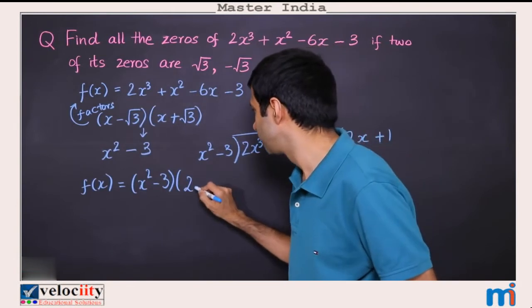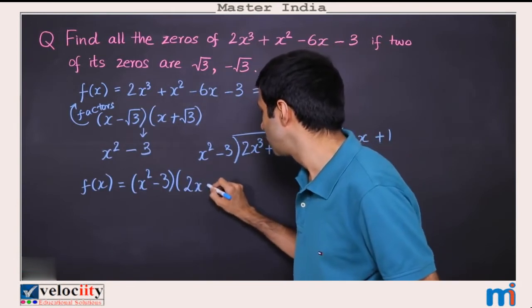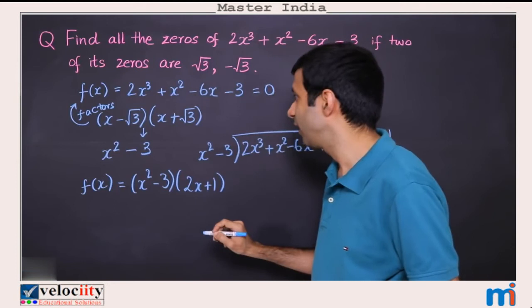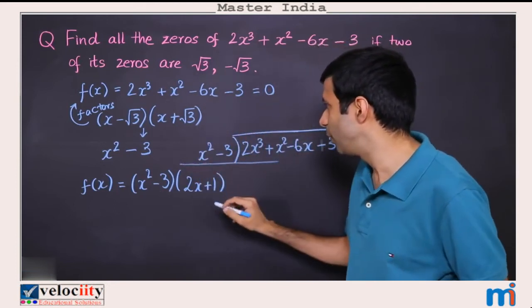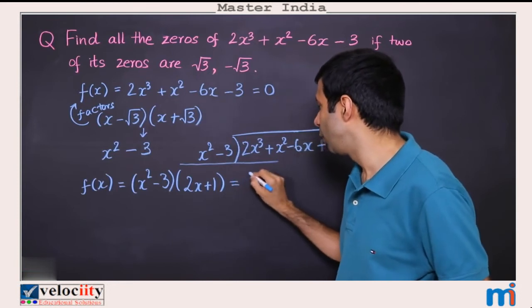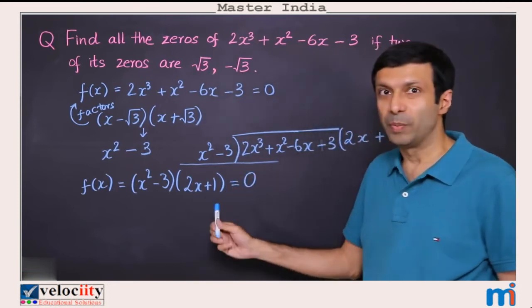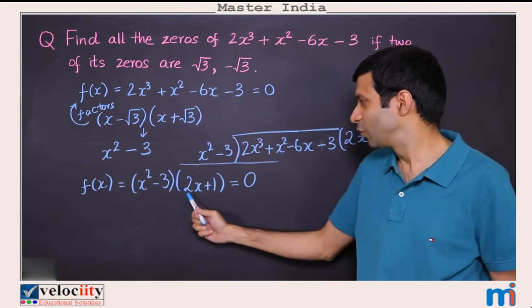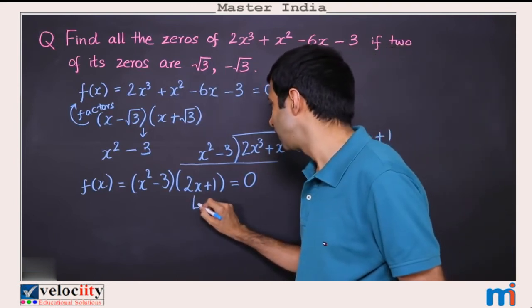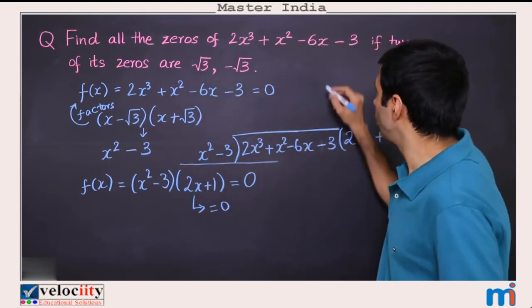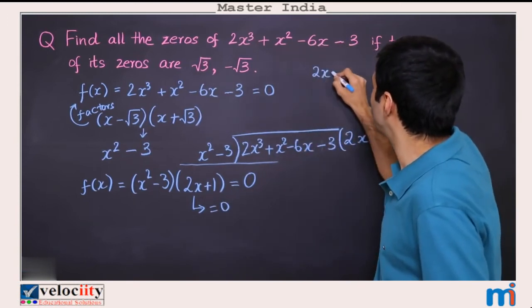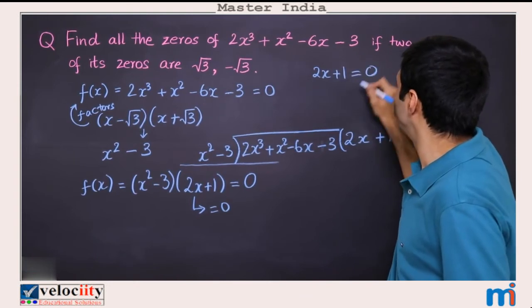So we're going to multiply this, right? And this is equal to 0. I'm just going to draw a line here to separate these, and this is equal to 0, which means that this factor 2x plus 1 is equal to 0. So if we have 2x plus 1 equal to 0, we can write that down here. 2x plus 1 is 0.